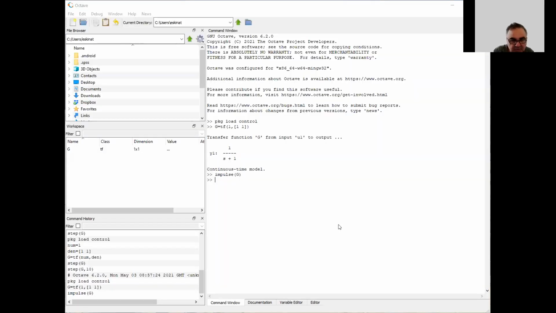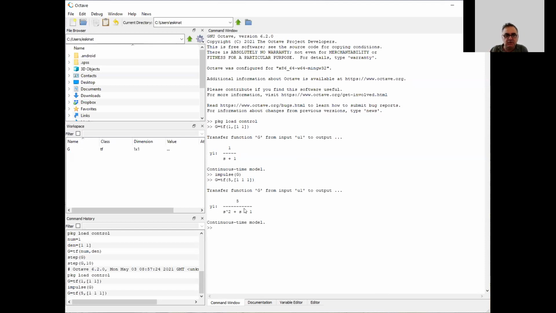Let's go to a second order system now. G is equal to, let's say, you don't have to say G, you can use H, T, whatever you like. G is equal to transfer function of, let's say, we say 5, and then the denominator is 1, 1, and 1.